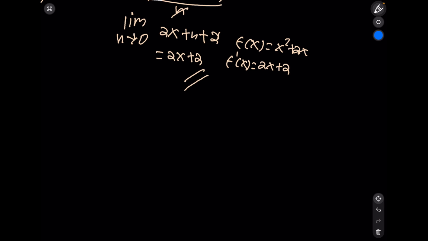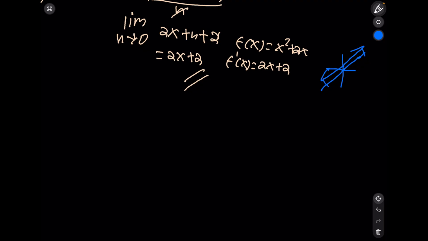Because if you remember from our function 2x, everywhere you go the slope is just 2, which is why it was a constant.